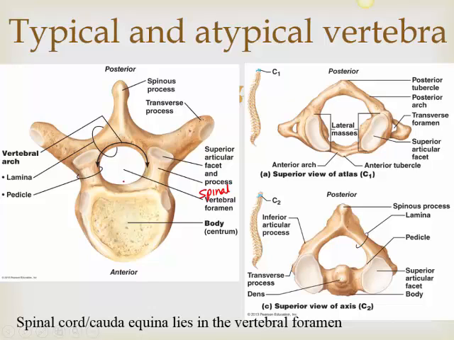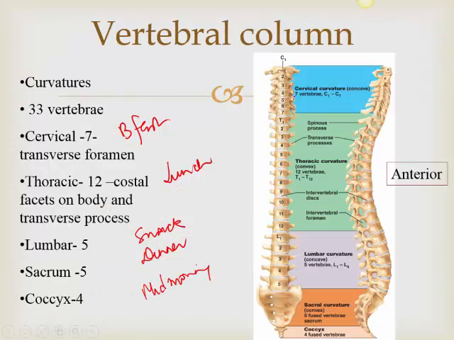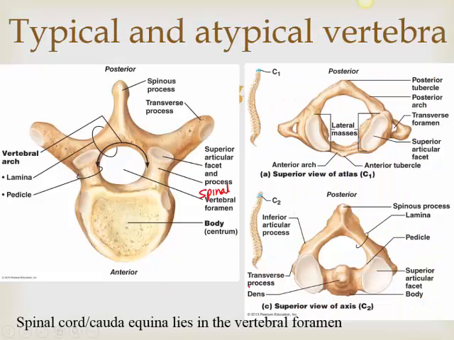Lying inside this vertebral foramen is the spinal cord, and the spinal cord does not extend all the way down to the coccyx. It ends at the level of the lumbar 1 vertebra, and thereafter there is a sheaf of nerve fibers called the cauda equina.